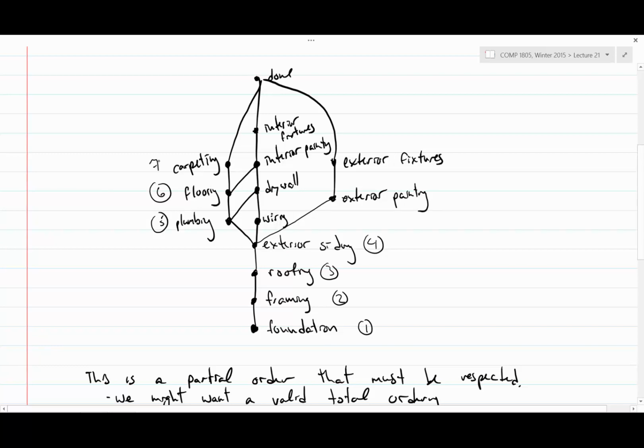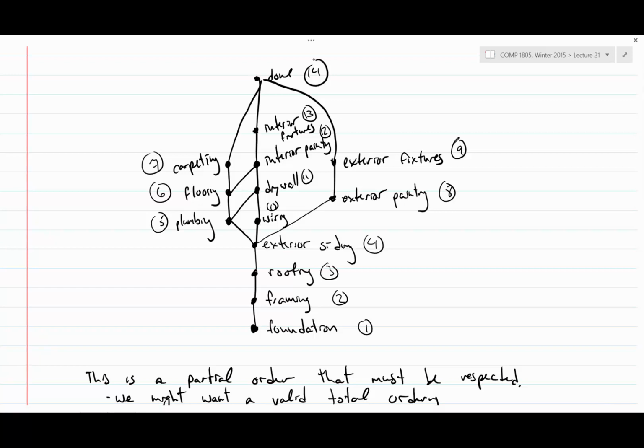Yeah, carpeting's fine. What could happen next? Let's say, I don't know, exterior painting, then exterior fixtures, and then wiring, drywall, painting, interior fixtures, and then we're done at 14.